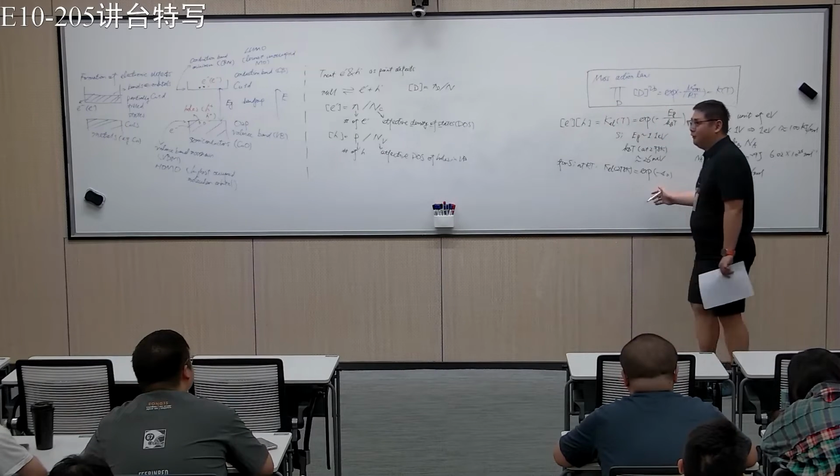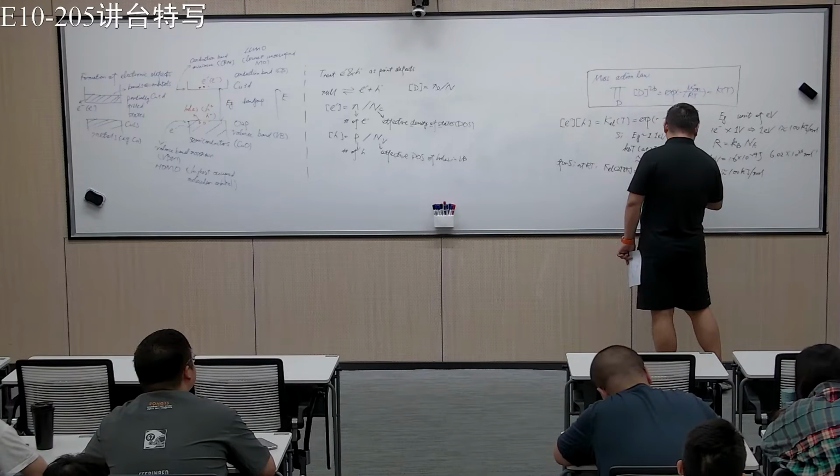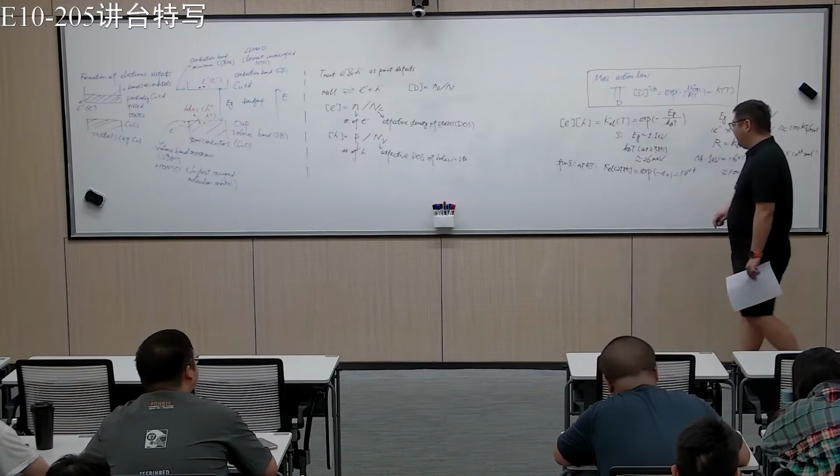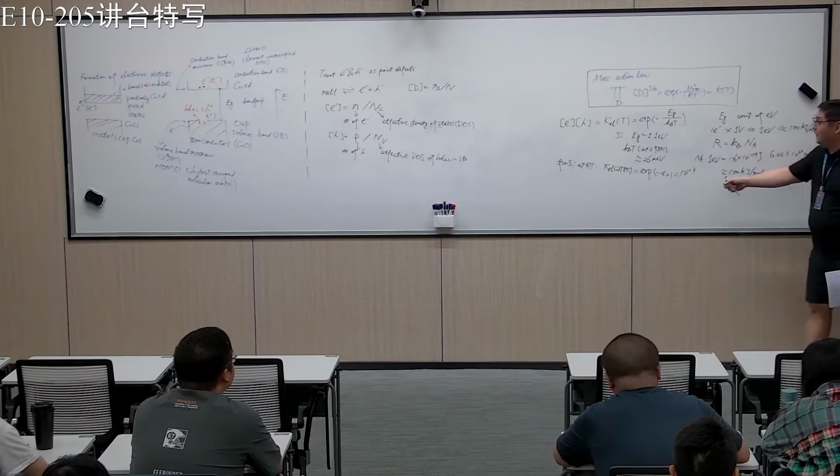Exponential 40, I just want to give you a number, is about 10 to the minus 17.